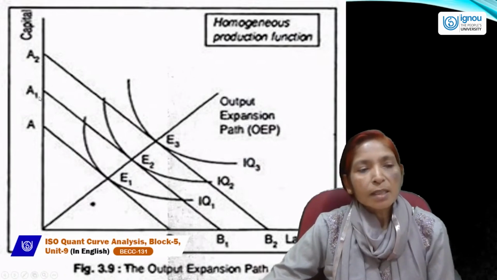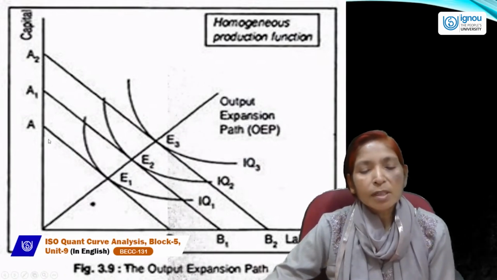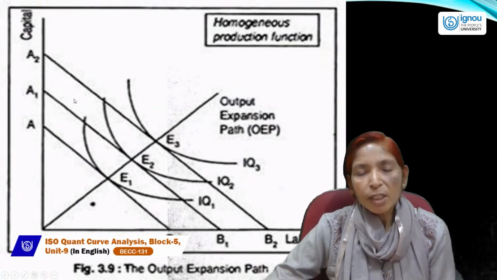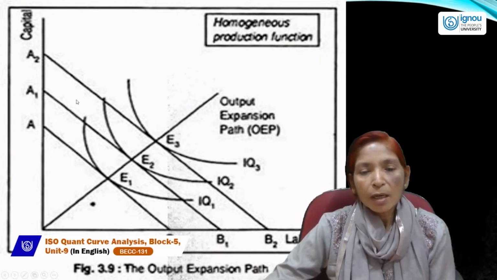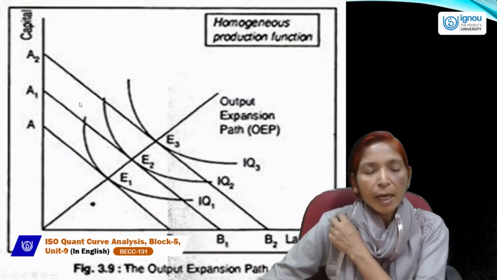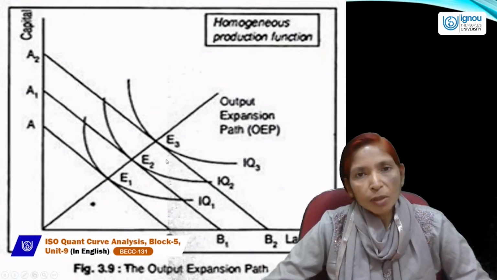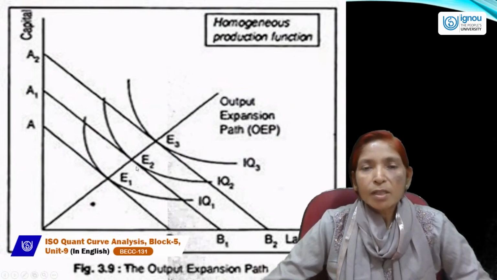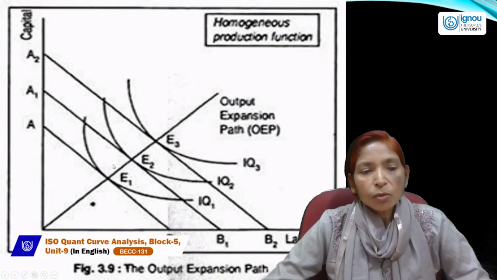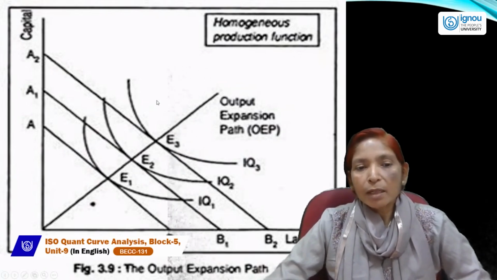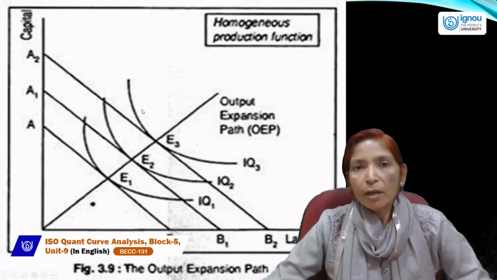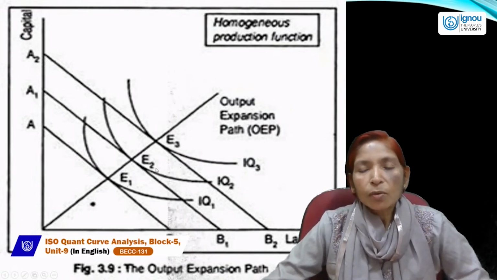Here three lines are isocost lines, like first is AB, next is A1B1, next is A2B2. These three straight lines are showing isocost lines, and the three isoquant curves IQ1, IQ2, IQ3 are always convex to the origin. Where these three isoquant curves touch these three isocost lines, equilibrium points will be determined, like E1, E2 and E3.